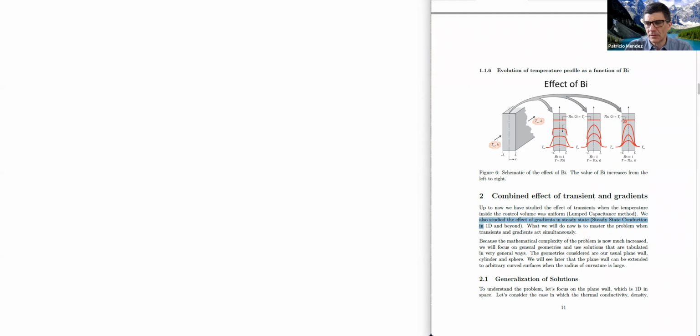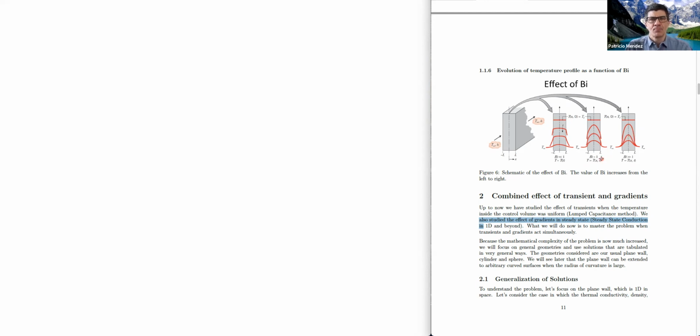So in this case, we would see that the wall that was at an originally uniform temperature starts to cool down, but does not cool down uniformly. First, it cools down very quickly on the surface to a temperature similar to the temperature of the fluid, and the center starts to cool down only after a while.